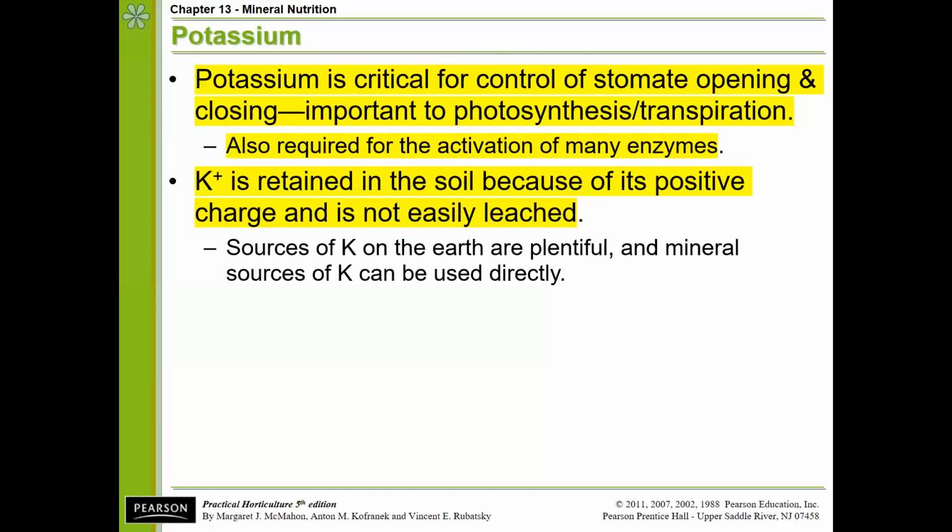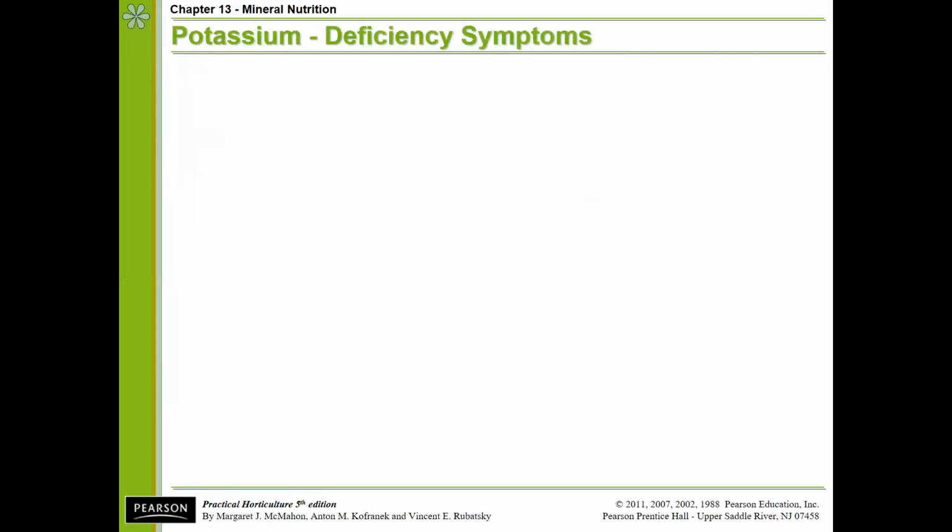If you're breaking new ground, typically potassium is there in a sufficient amount for the first few growing seasons until you export enough crop to remove that potassium from the soil. So it can be a limiting factor, but it's much less so than nitrogen or phosphorus.